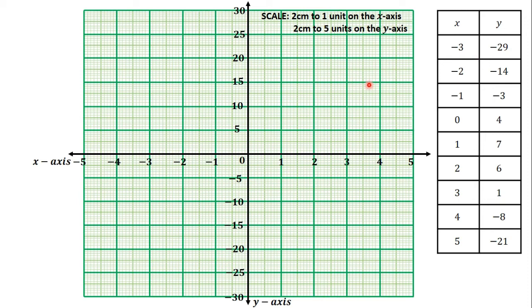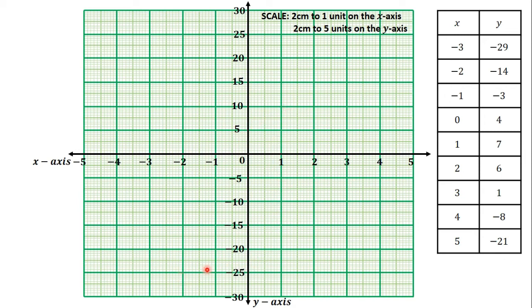To get the value of each of the divisions on the y-axis, we will divide the scale on the y-axis by 10. The scale is 2 centimeters to 5 units, so we will divide 5 units by 10. 5 units divided by 10 will give us 0.5 units. So it means that on the y-axis, each division is 0.5 units.